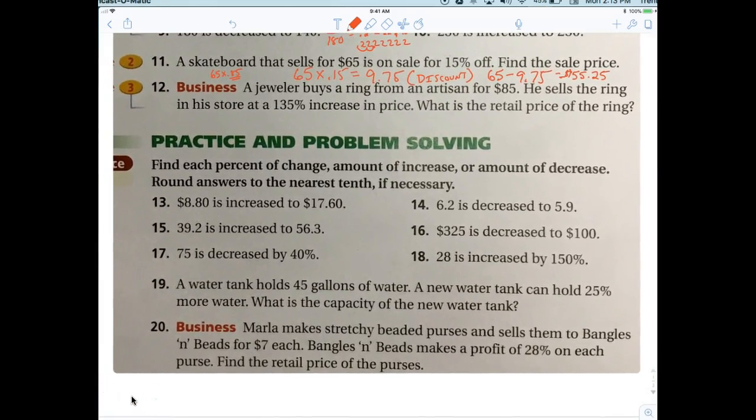It says, a jeweler buys a ring for $85, and then he sells the ring for a 135% increase. So now we're going to think about this. How much did I buy it for? I bought it for 85. Listen carefully, because I think this is important.